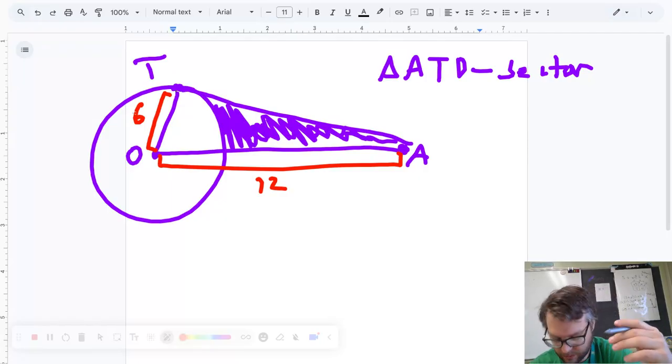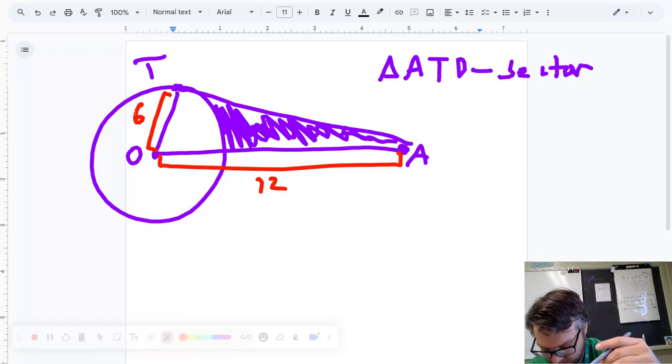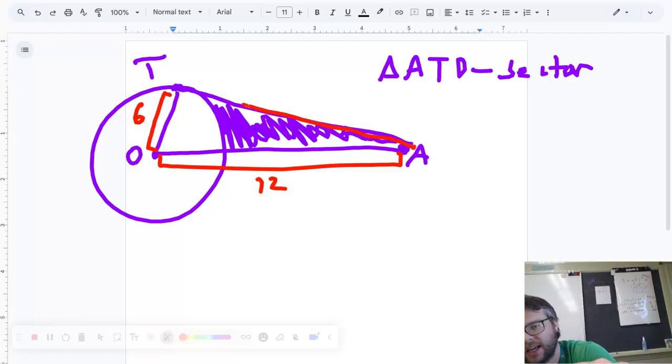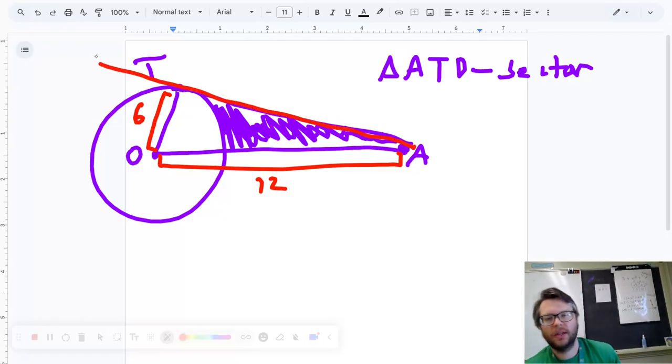And the other thing that we're told is that the AT here is tangent to the circle. And so if it's tangent to the circle, that's a really big clue. That means this has to be a right angle. So we've got a right triangle here, okay? So if we've got a right triangle, we can figure out any angle we want.